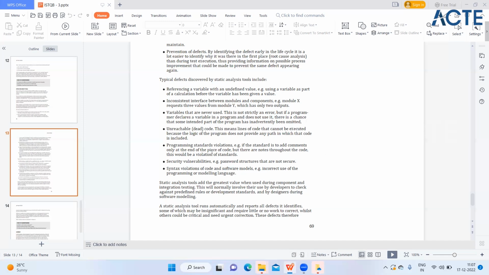Programming standards violation. For example, if the standard is to add comments only at the end of the piece of code, but there are notes throughout the code, this would be a violation of standards. There may be a situation where you just have to provide the comments at the end of the code, but you are providing comments at each line and at each variable.